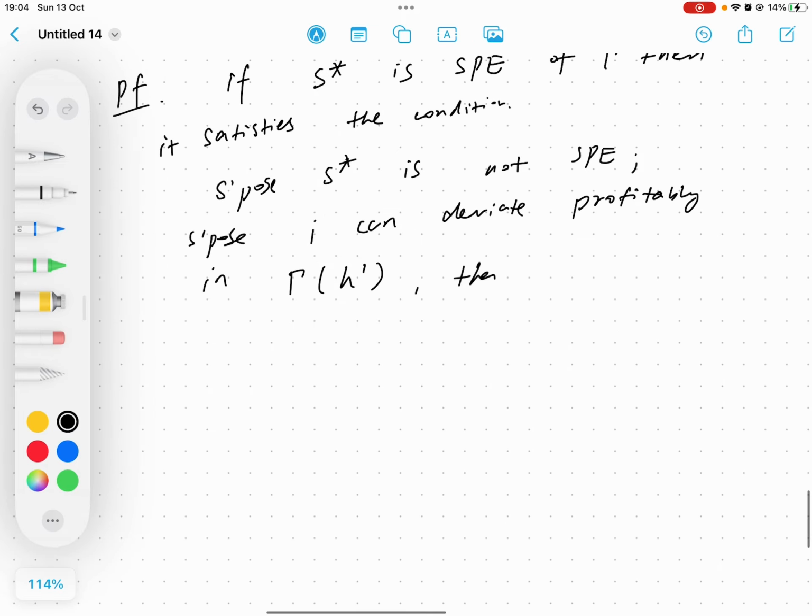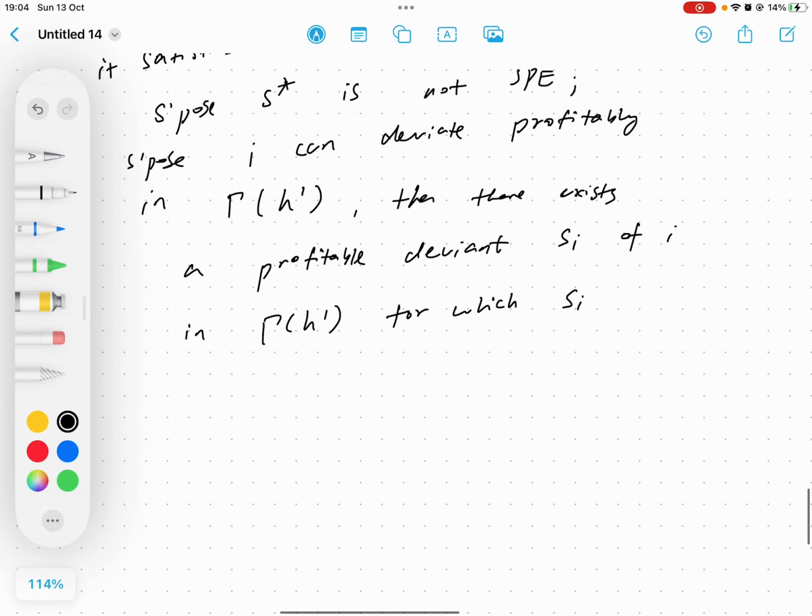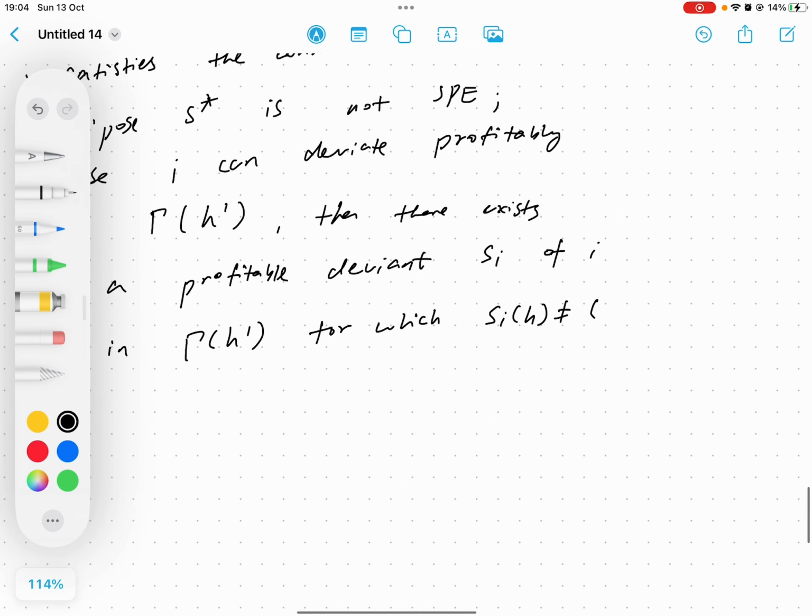Then there will exist a profitable deviant strategy Si of player I in this gamma h prime, for which Si h is not the same as Si star after this h star of h.